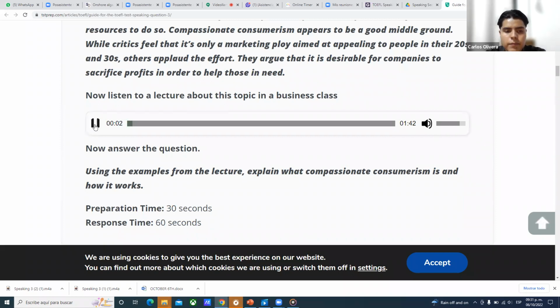Now, as the reading suggests, many companies have embraced the idea of compassionate consumerism over the past few years. Studies show that customers are generally supportive of such efforts, especially very young shoppers. Not only that, but companies make a lot of additional profits from this kind of compassionate marketing. Some companies even thrive off of it. Now, take ABC Shoes, for example. They're kind of like the pioneer of this type of consumerism. You know the shoes, right?